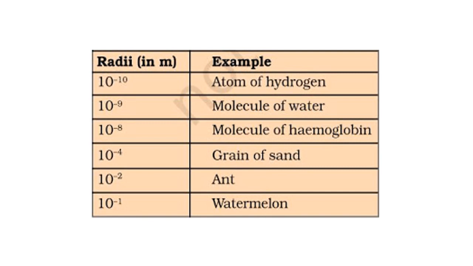But for the microscopic things, which are very small, they are expressed in a small unit. They are called nanometers, picometers or angstrom units. All these three units are used to express the size of atoms because they are very small.